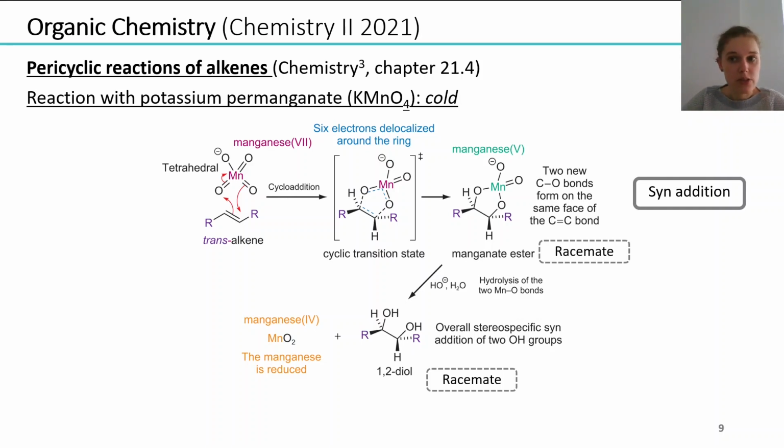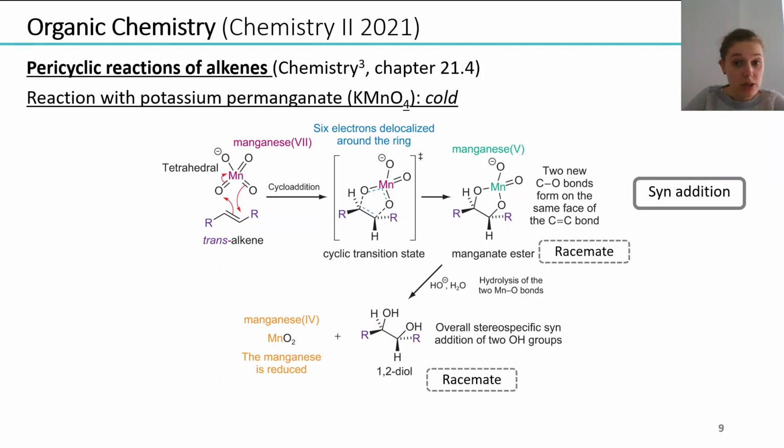And this reaction is usually carried out in the presence of aqueous hydroxide. That means the just formed manganate ester will immediately be hydrolyzed to our desired 1,2-diol. And manganese will be reduced from oxidation state 5 to oxidation state 4 in the final manganese dioxide.